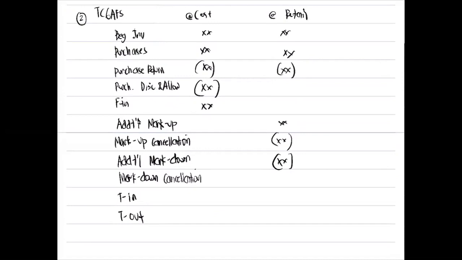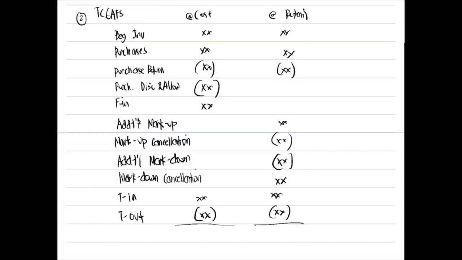Therefore, if it is initially a decrease, once you cancel it, it will increase our retail. Transferred in, any inventory transferred to our department. So we include it in both. Transferred out, any transfer of inventory from our department. So from our department out, so we remove this one.